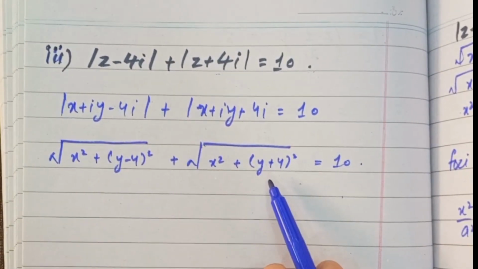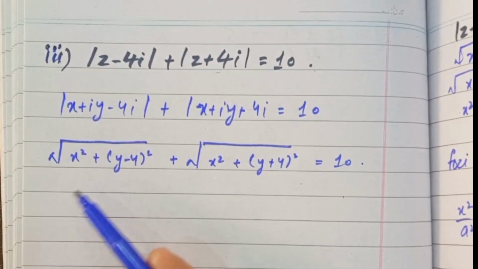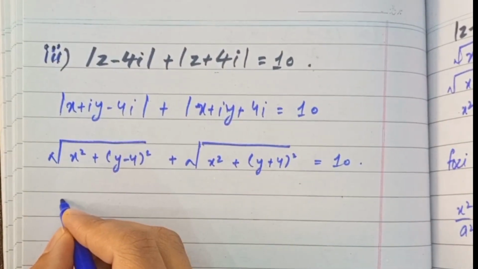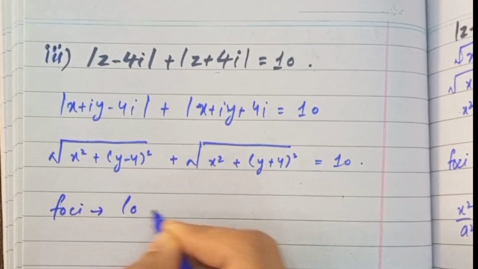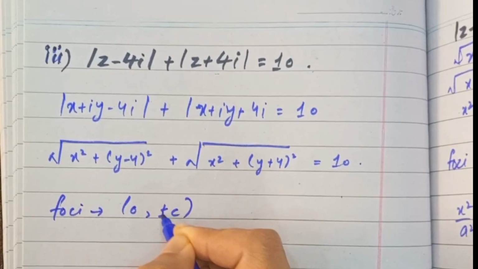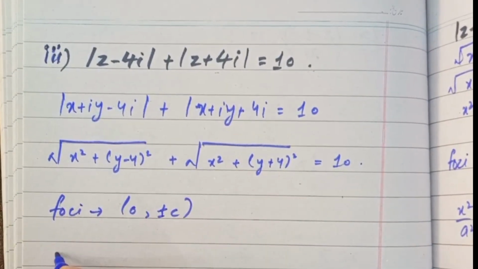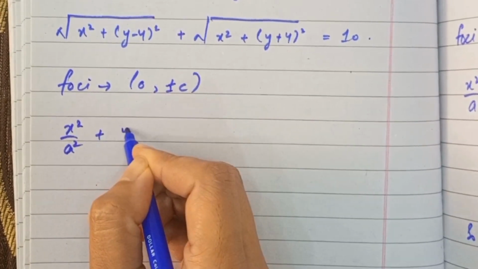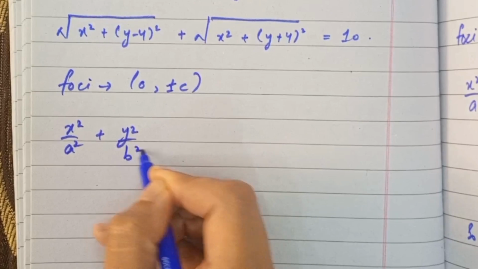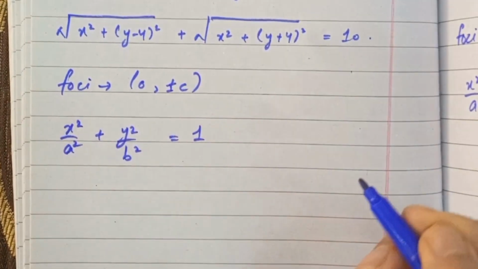So when we compare it with the formula of an ellipse, what is it? Foci will be from origin to plus minus c, center. The basic formula for it is x square by a square plus y square by b square equals 1.